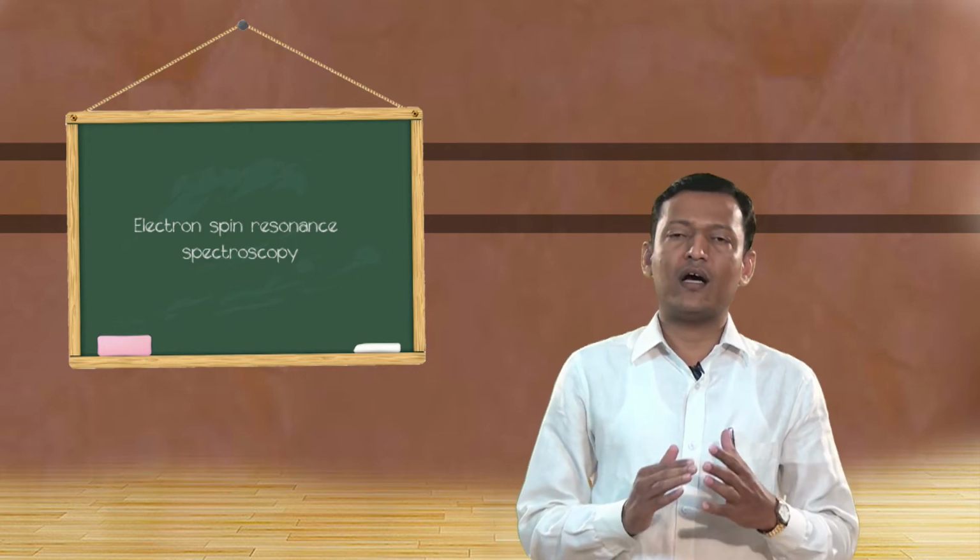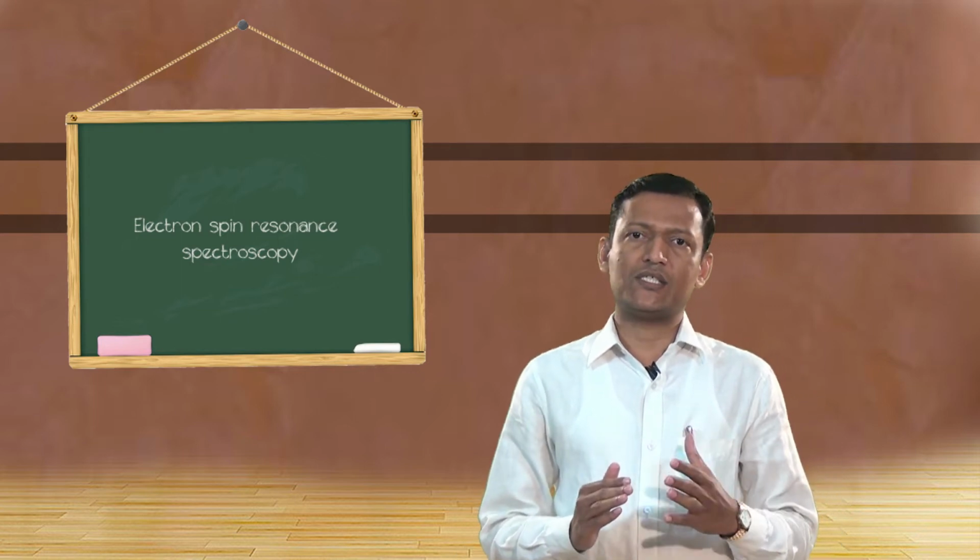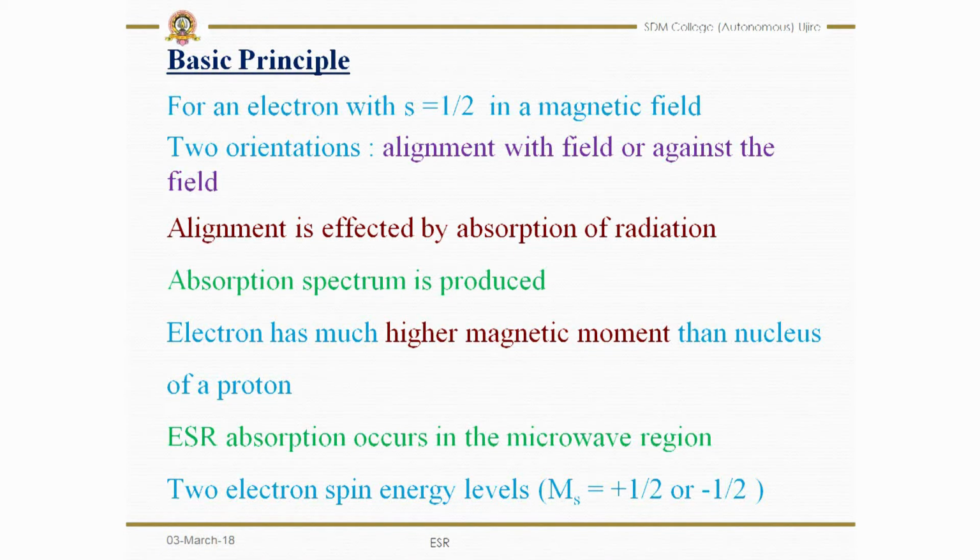Now let us discuss the basic principle behind electron spin resonance spectroscopy. It is mainly based on the transitions that occur between two different spin energy levels.